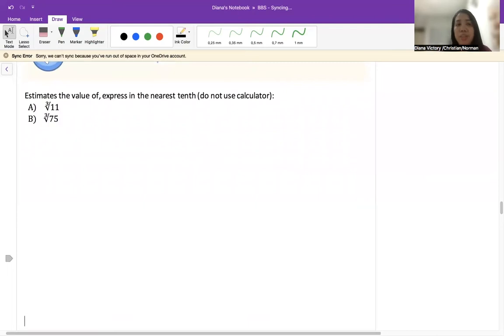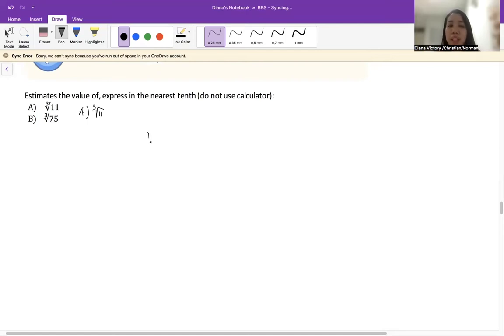Okay, the next one, we're gonna try to estimate the value of the cube root. We're gonna express this in the nearest tenth, without using a calculator. Let's see number A. Number A is the cube root of 11. The mental estimation for this is nearly the same as estimating the square root of a number.